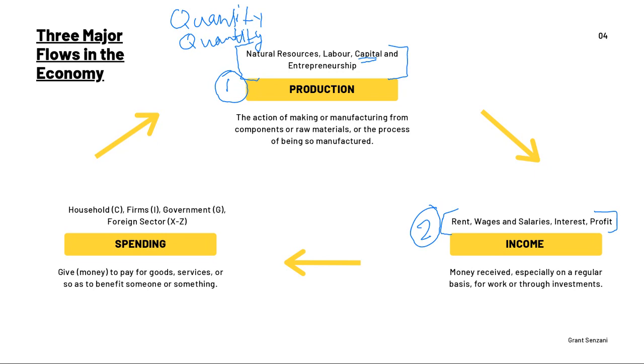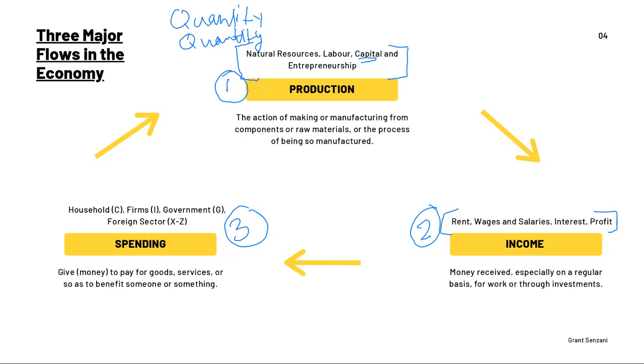As a result of the income, guys, we move to number three, where we spend. And we realize that when we spend, there are four sources of spending. We have your household, your firms, your government, and your foreign sector.